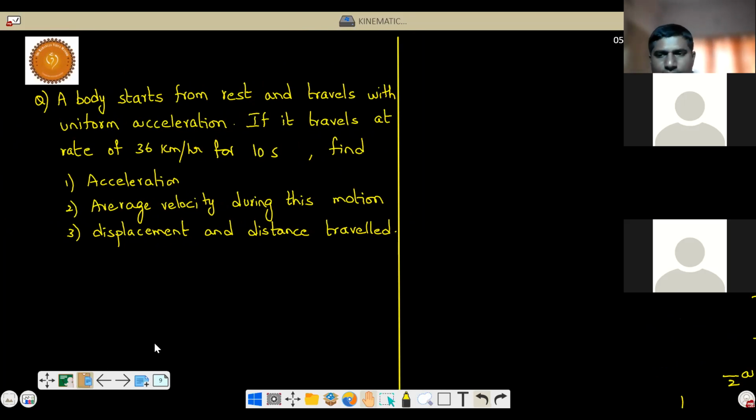What is the answer? Find the acceleration and average velocity during this motion, and distance and displacement traveled.